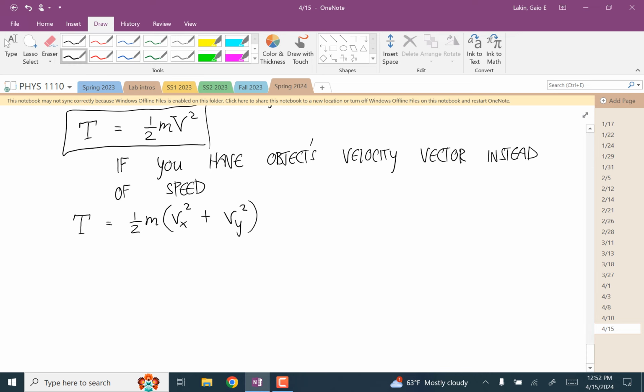Okay, here are some things to notice. So the first one is the relationship between speed and energy.